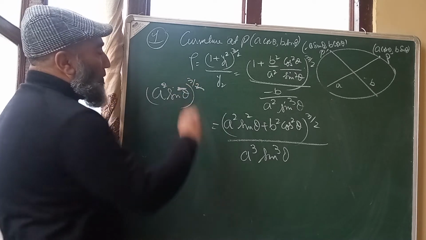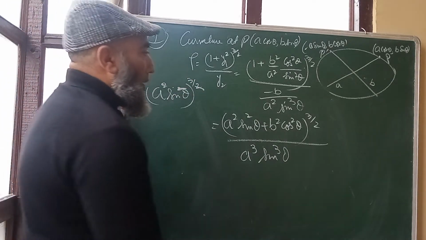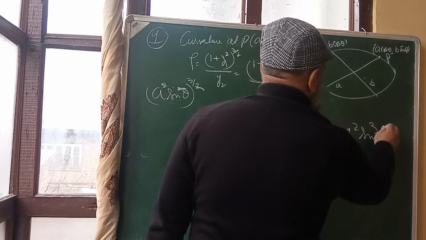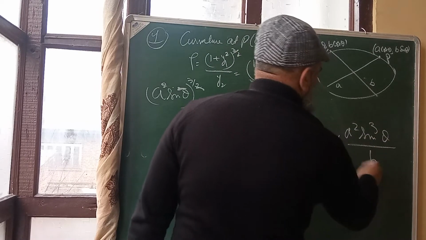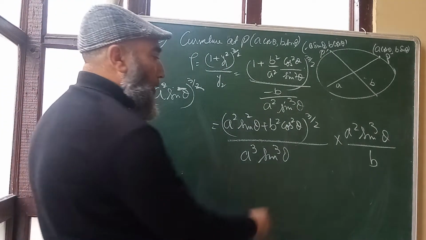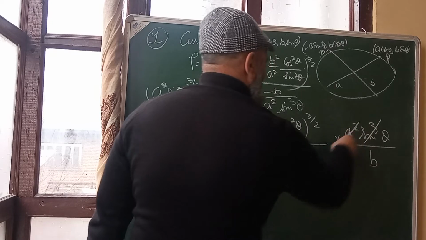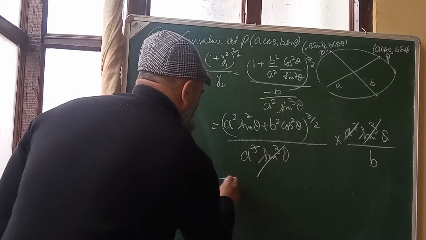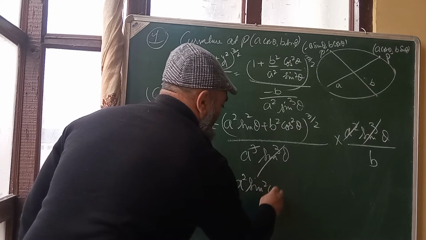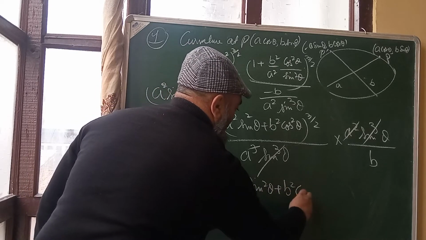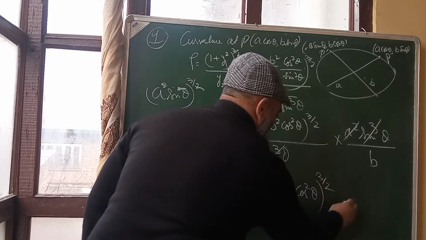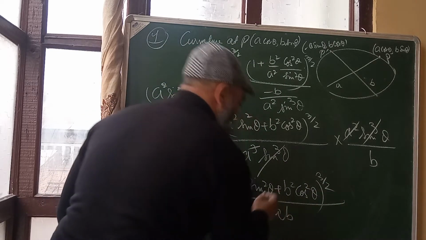The sin cube cancels out, what remains is the cube over A square B. I am again omitting the minus sign because this is the radius. So you have it. So the radius of curvature at the point P is A square sin square theta plus B square cos square theta raised to the power 3 by 2 divided by AB.